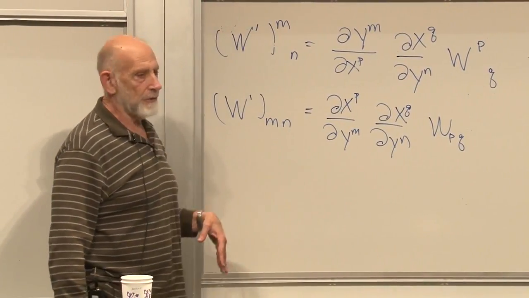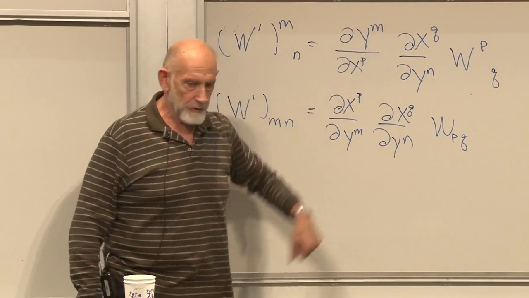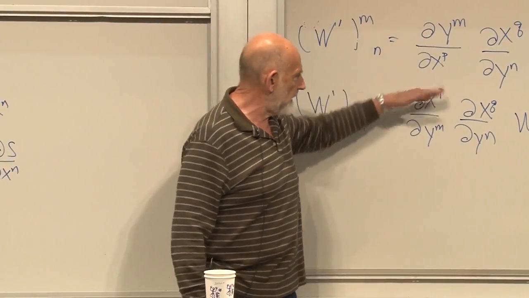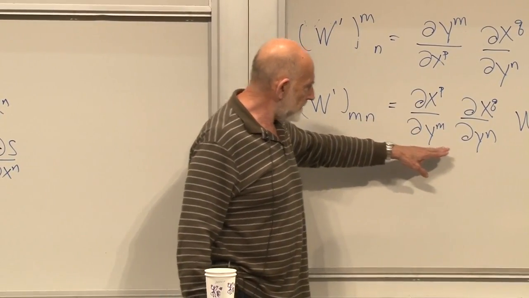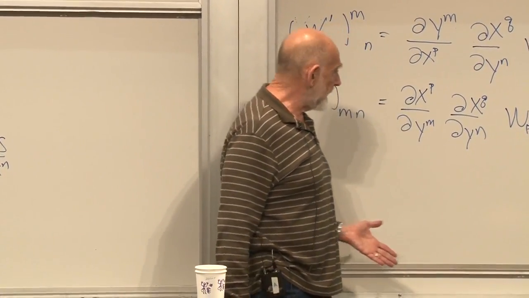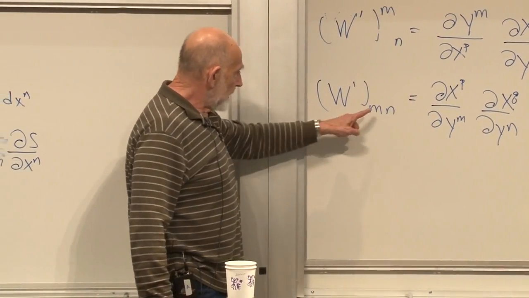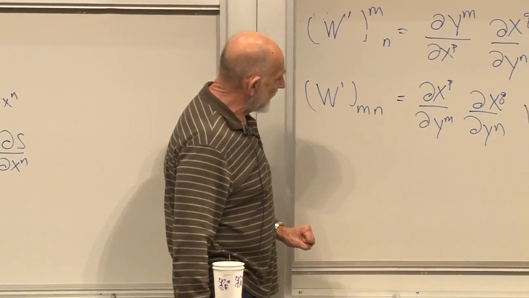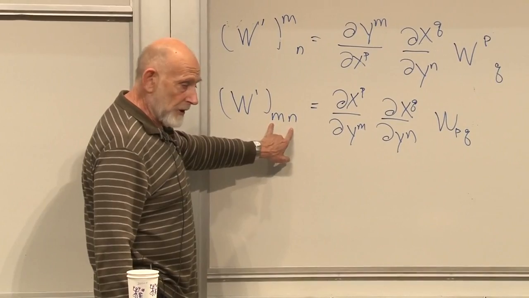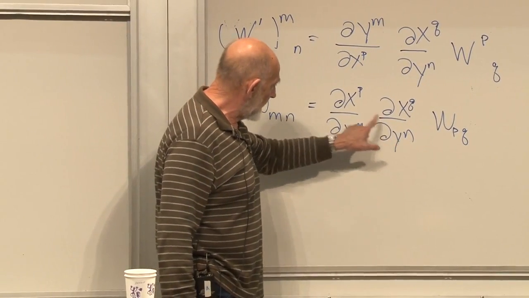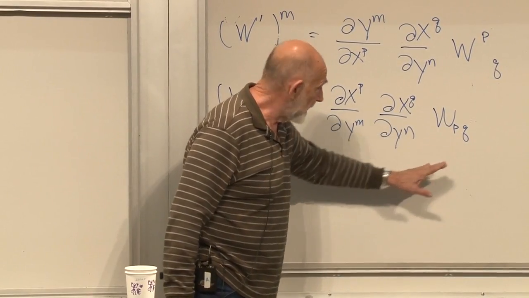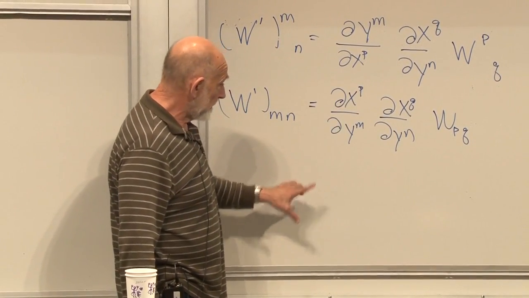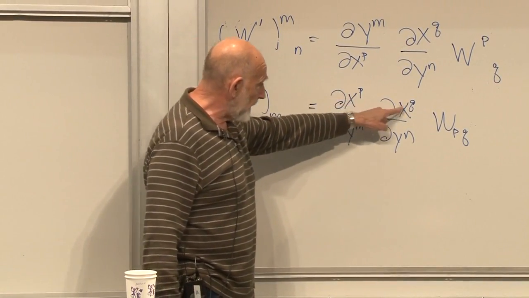And the general pattern is the same. For every index, you do the same thing, either a dy by dx or a dx by dy, and you sum over repeated indices. m and n are not repeated indices. They're on this side, and they also appear on this side, but p and p are repeated, and q and q are repeated. So this is a double sum over p and q.